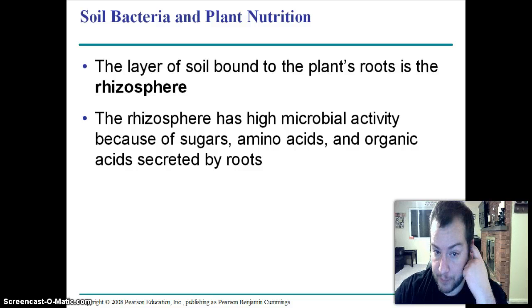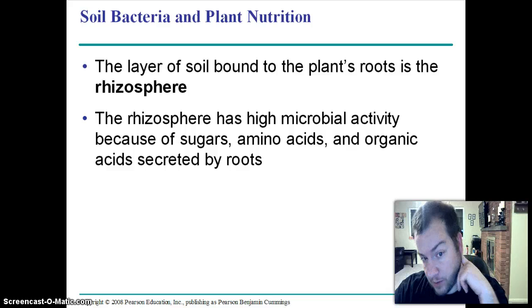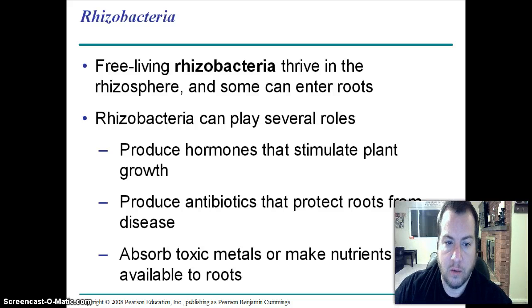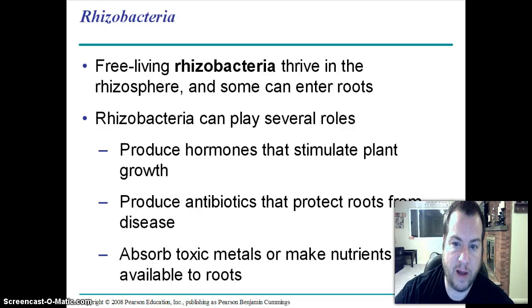Okay, this layer near the soil by the plant's roots is called the rhizosphere, and it's got a high activity of microbes because of the sugars and amino acids and other organic acids that are actually secreted by roots. One of the key players in a symbiotic relationship with plants are rhizobacteria that enter the roots and produce hormones that stimulate plant growth.